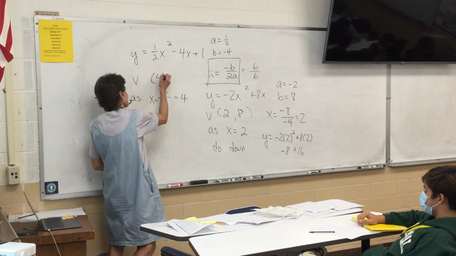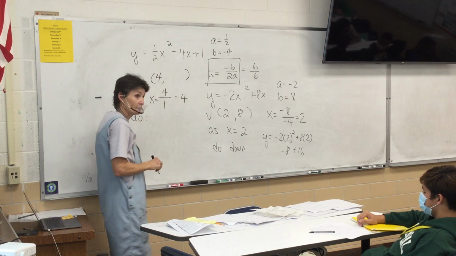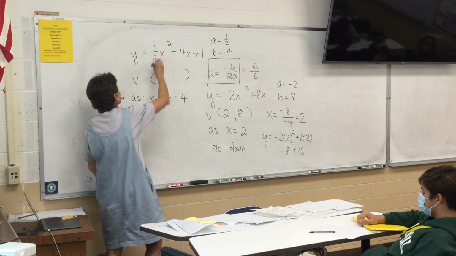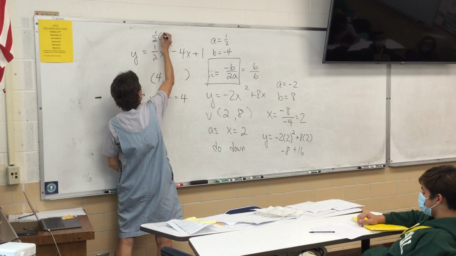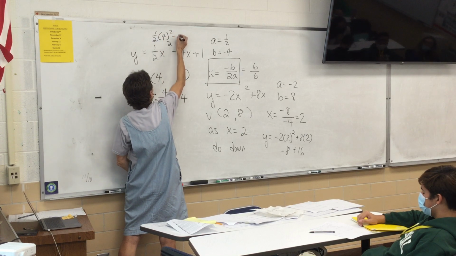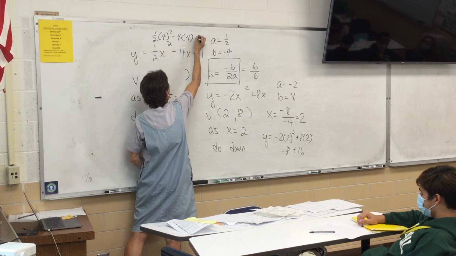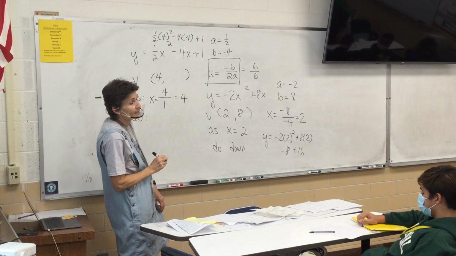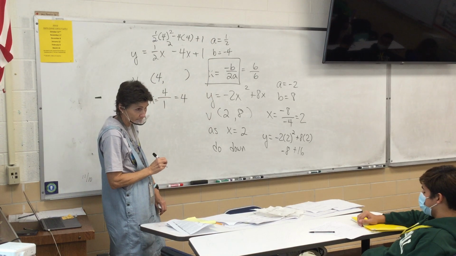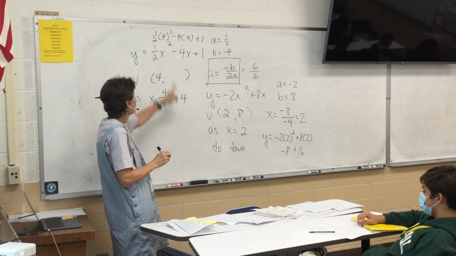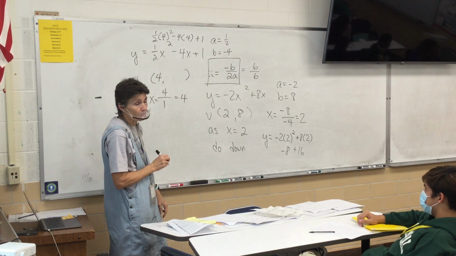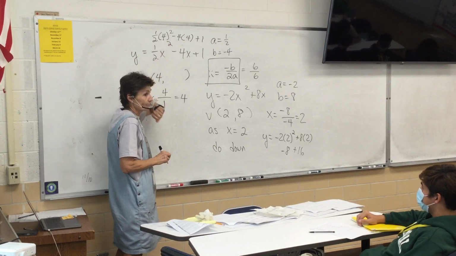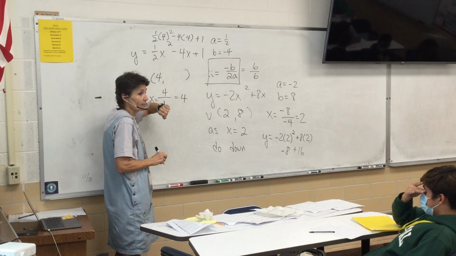Now our vertex. We're going to have to plug in 4, but again, I'm not panicking. 1/2 times 4 squared minus 4 times 4 plus 1. I'm plugging 1/2 into my equation. I'm plugging 4 into my equation. What is 4 squared? 8?